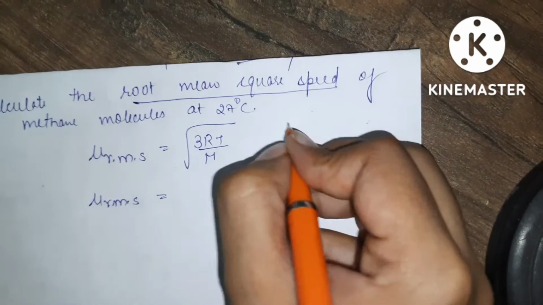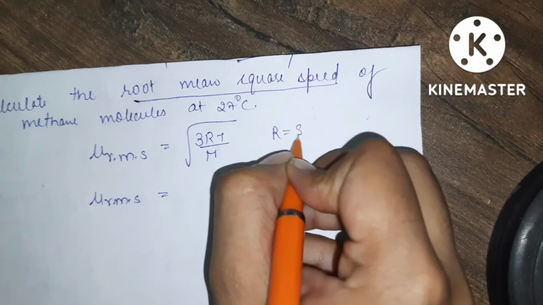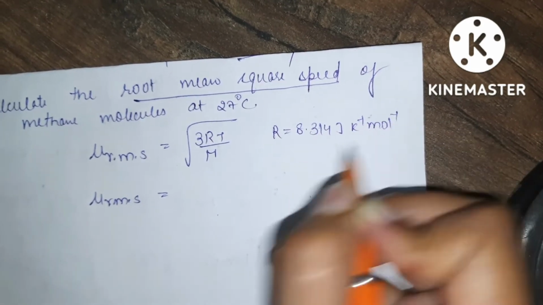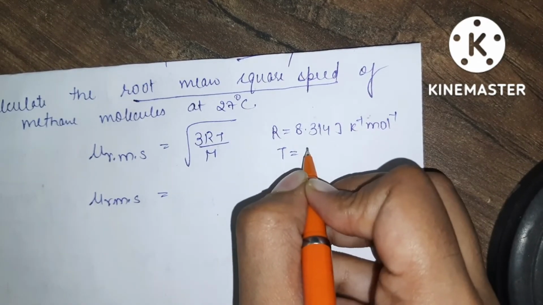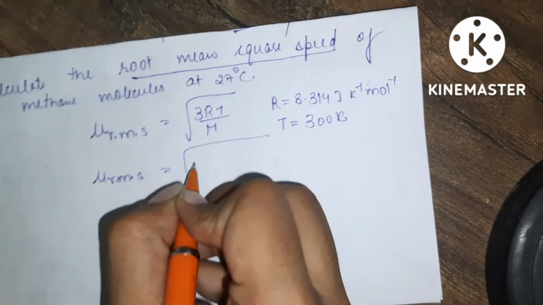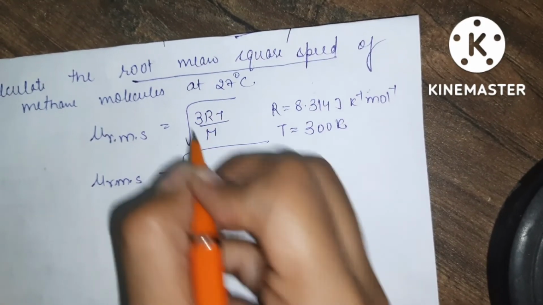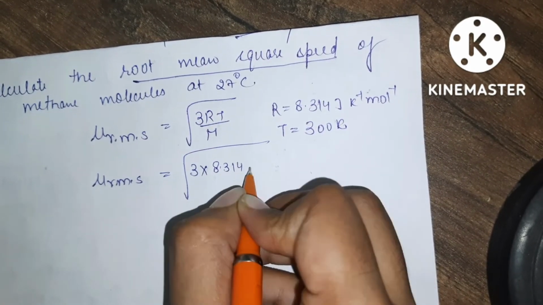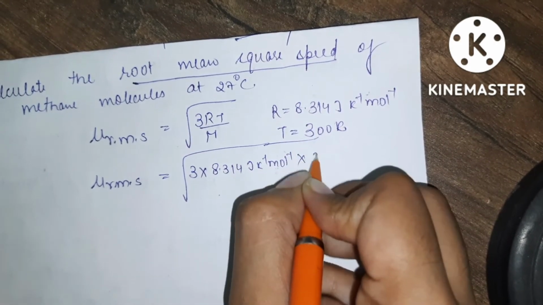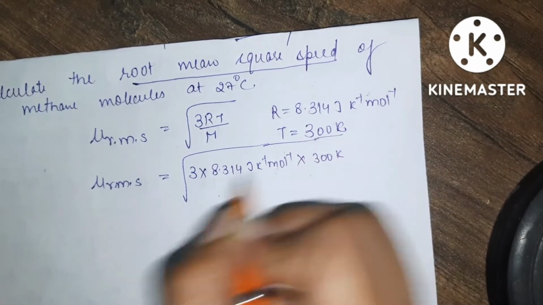URMS is equal to root of 3 into R, where R is 8.314 joule per Kelvin per mole, and temperature is 300 Kelvin.